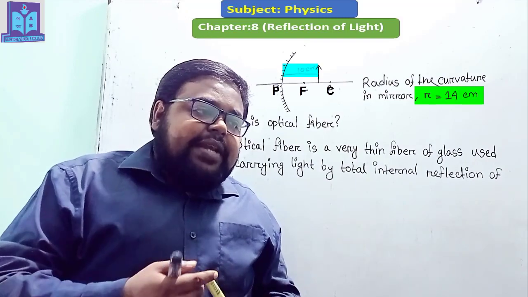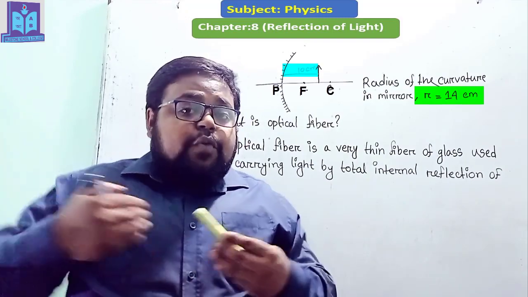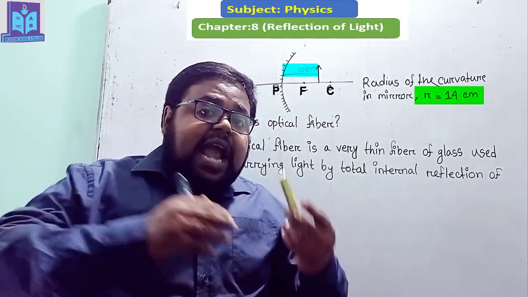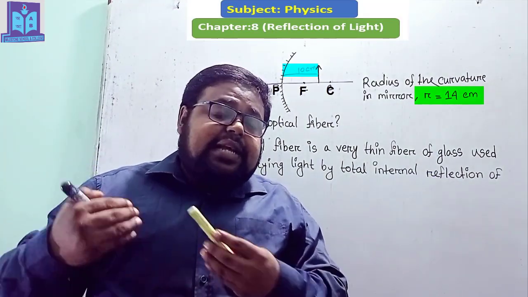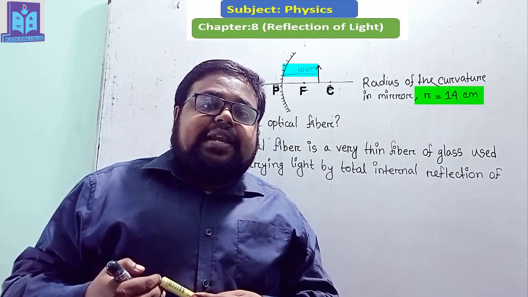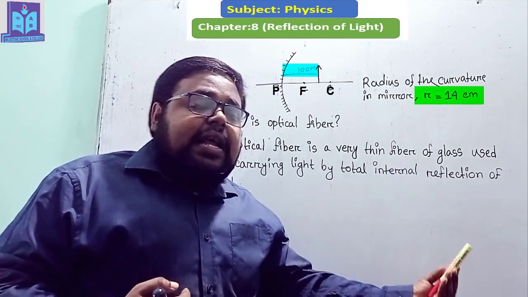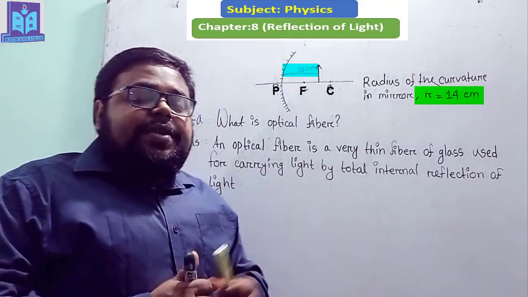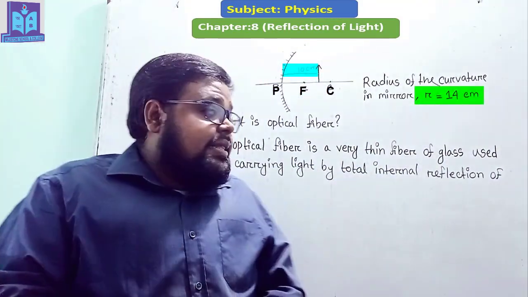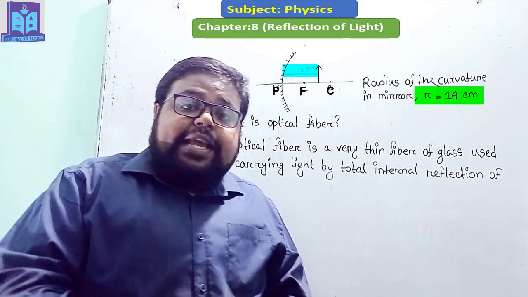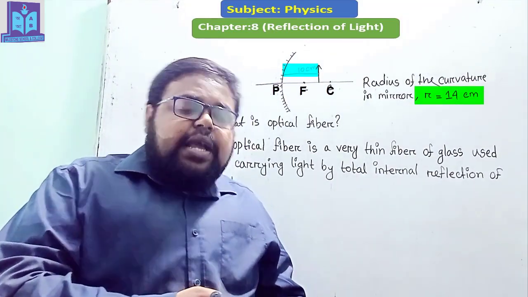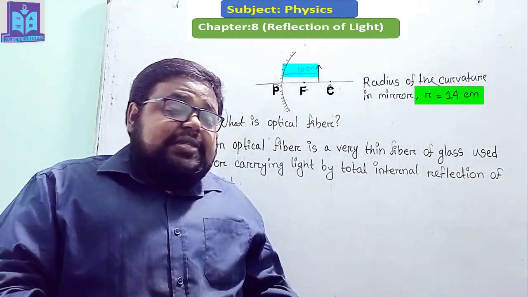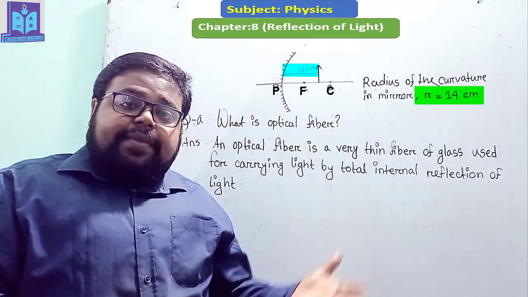We can also send electrical energy from one place to another by using the optical fiber, but at first we have to convert the electrical energy or electrical signal into a light signal. Then we can easily send the light signal through the optical fiber. Nowadays the optical fiber is widely used in the communication sector, in the medical sector, and in many more sectors, and I hope you understand what optical fiber is.